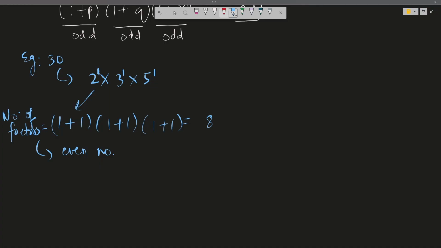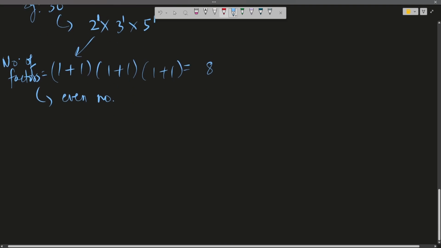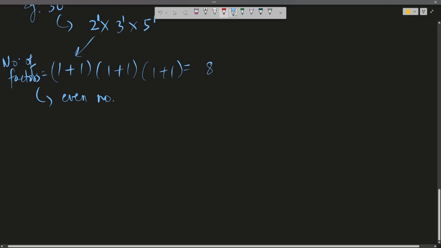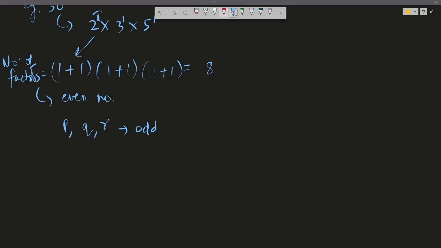This could be understood simply by taking this example, as when it is not a perfect square, that means either P, Q or R must be an odd number.